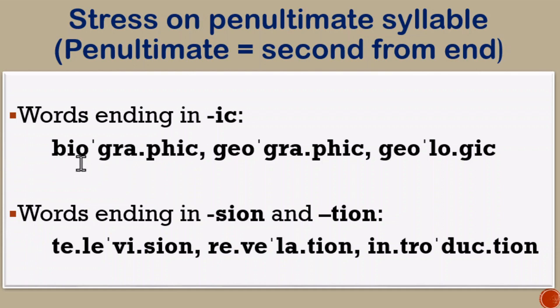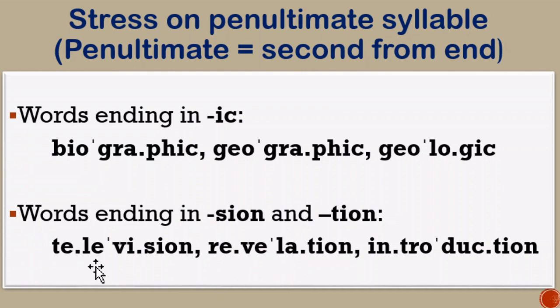Biographic, geographic, geologic, and words ending in shun, whether the spelling is SION or TION, as long as the pronunciation is shun, will have the stress on the penultimate syllable. Television, revelation, introduction. So, I'm watching television.